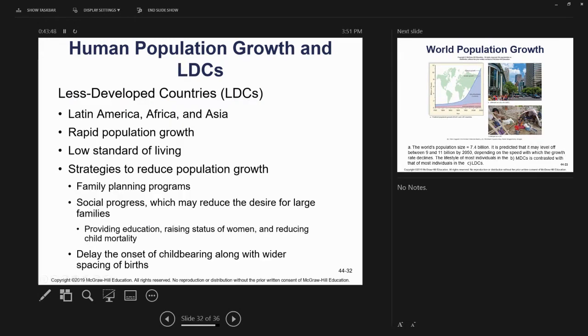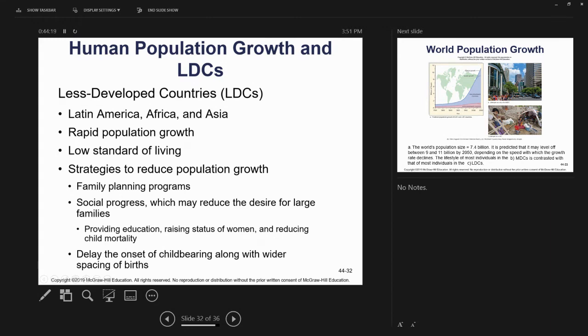Less developed countries in Latin America, Africa, and Asia particularly have rapid population growth. They have a low standard of living, divvy up the resources between more people, we have less per person. So some strategies that are in place or that these countries are looking at to reduce population growth, to not exceed that carrying capacity, include family planning programs, social progress.